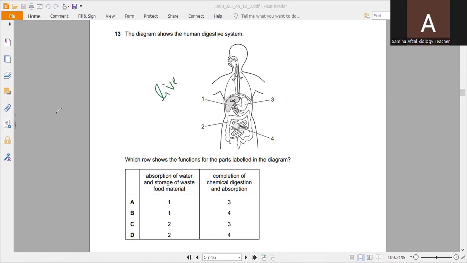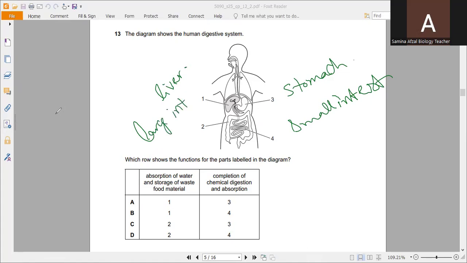One is liver, three is stomach, small intestine, and two is the large intestine. So absorption of water and storage of waste food material takes place in the large intestine.